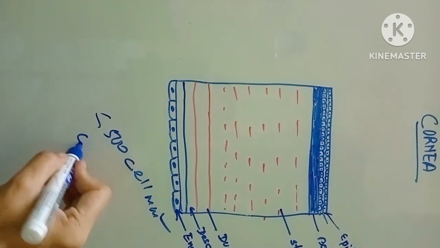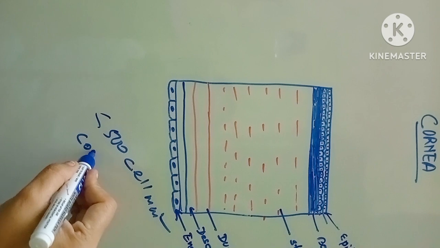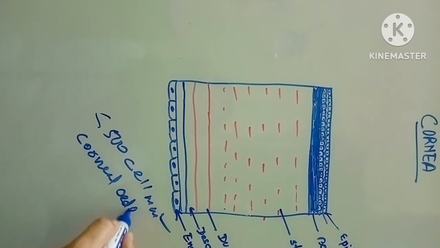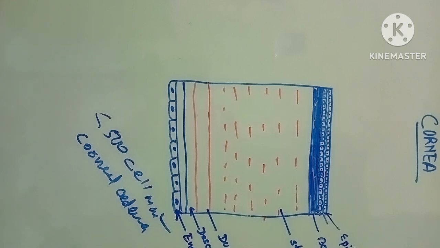Corneal edema will start. Edema means inflammation, as we know. Inflammation of the cornea means an infection is the cause, and the transparency of the cornea will be lost.